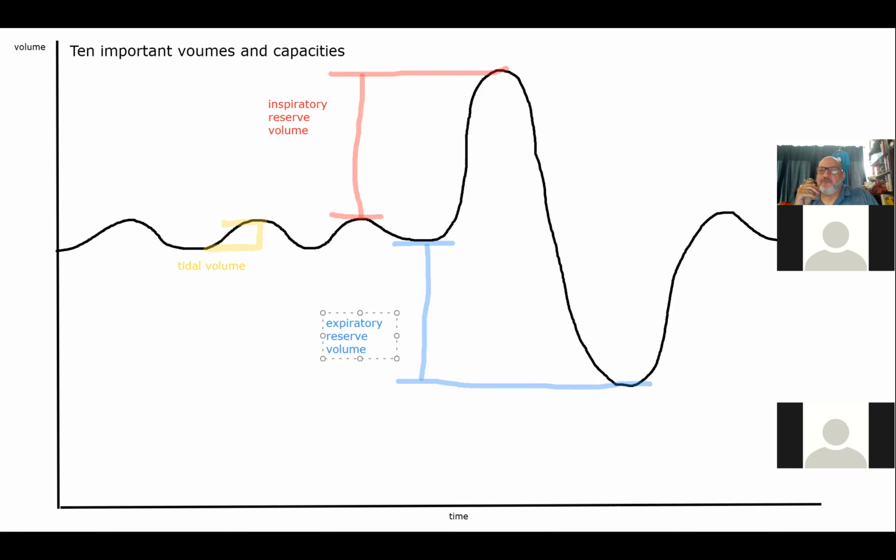Now, when I've moved as much air as I possibly can out of my lungs, are my lungs completely empty at that point? No, they're not completely empty. We don't want them to be empty, right? As we talked about, if they're empty, they're going to collapse. And that would be a bad thing. We don't want them to collapse. So luckily, even after I've moved out all the air that I possibly can inside of my lungs.